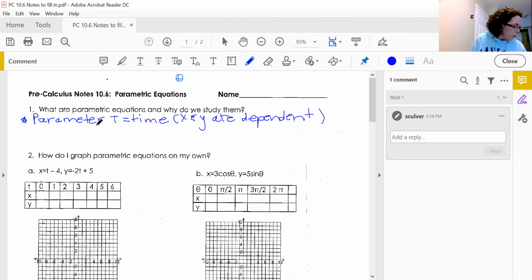Okay, so we will have a pair of equations for parametric equations, one being X equals and one being Y equals, with T as the input.